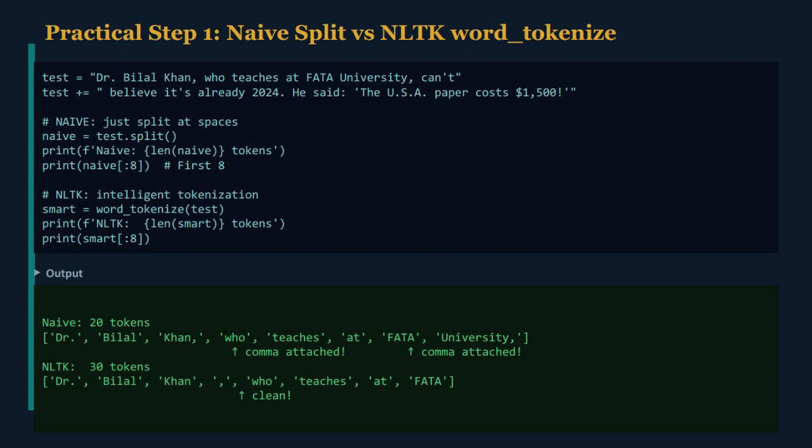Khan is now correctly split into Khan and the comma. USA is correctly kept as a single token. Now NLTK recognizes it as an abbreviation and does not break it at the internal periods. 2024 is correctly split into 2024 and period. The number and the sentence final period are now separate tokens.